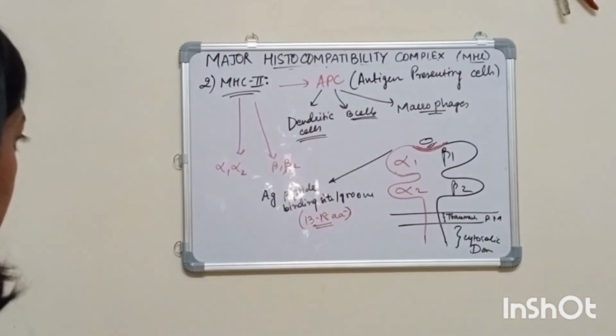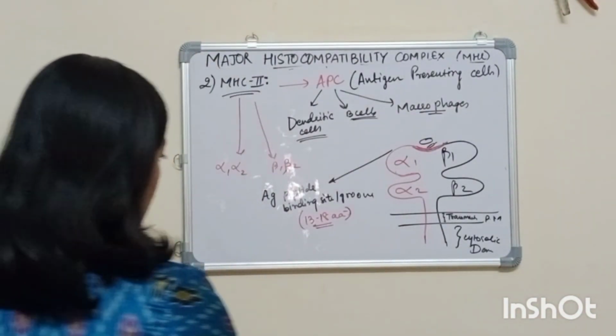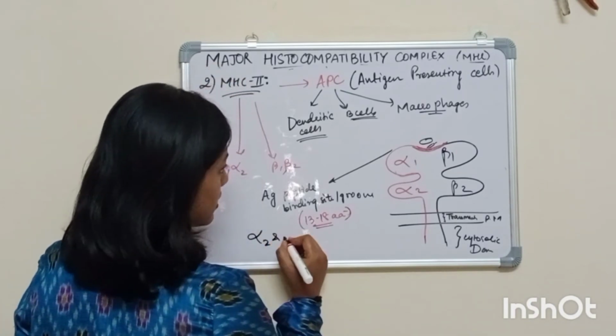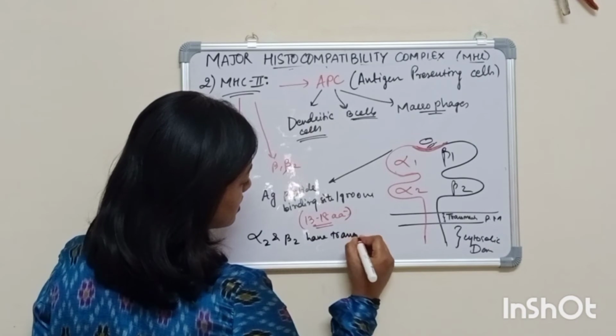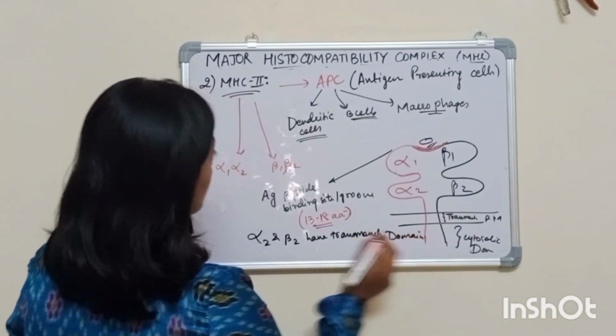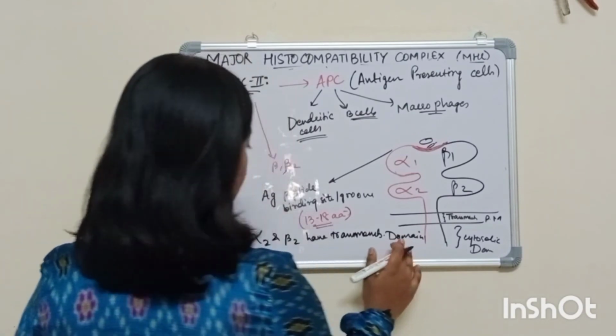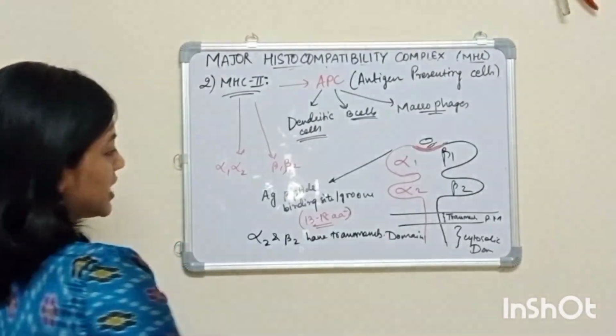Now this is about MHC2. In MHC2, alpha 2 and beta 2 have transmembrane domains. In MHC1, only alpha 3 had the transmembrane domain. In this case, both alpha 2 and beta 2 are transmembrane.